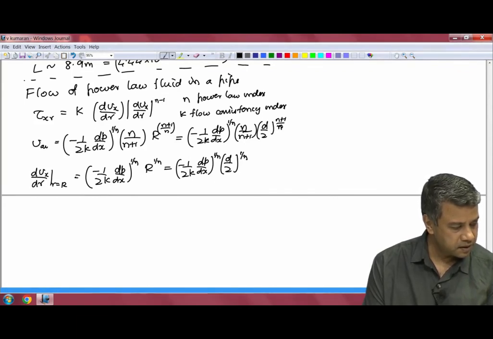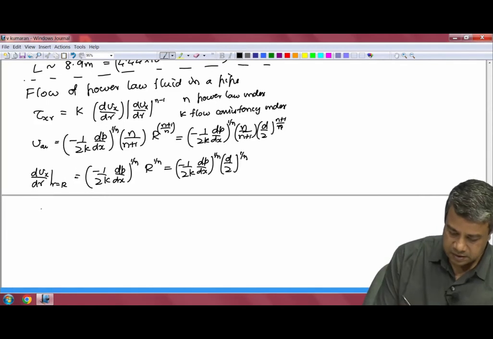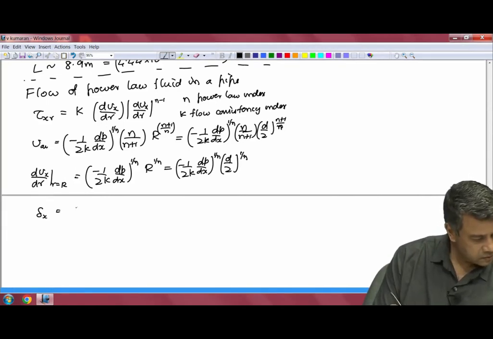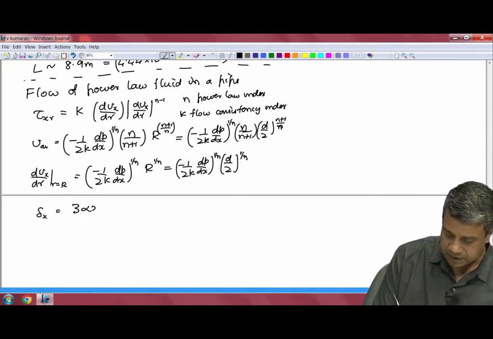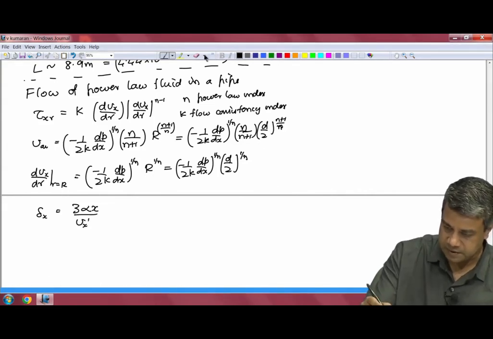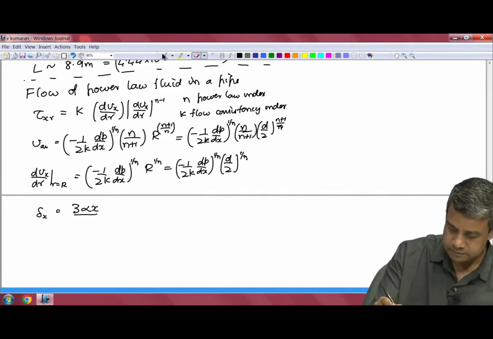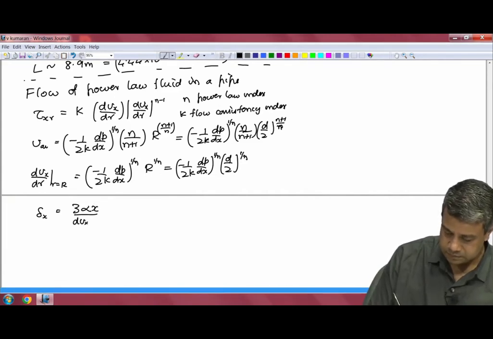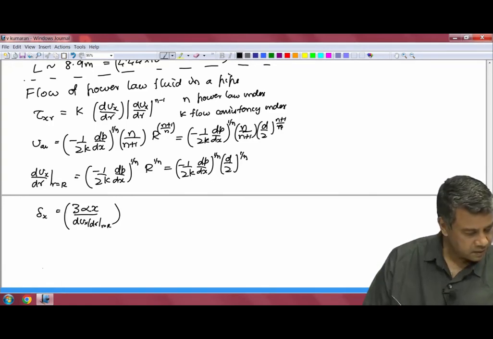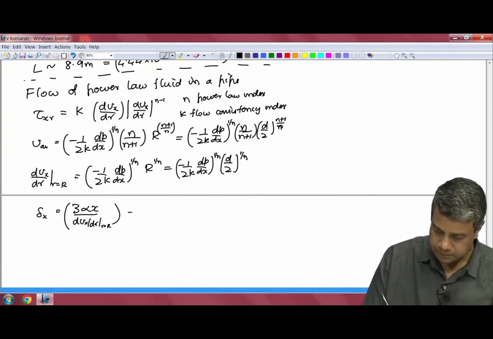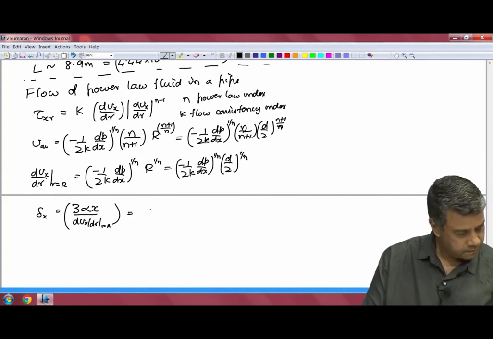And now you can get the boundary layer thickness as delta_x is equal to 3 alpha x by Vx prime, by dVx/dr.